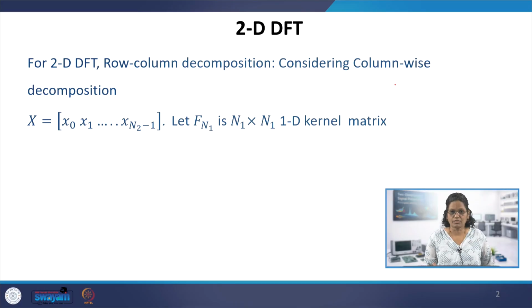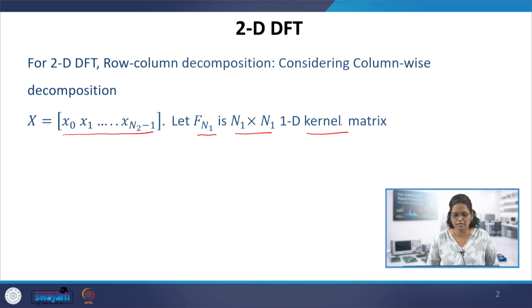So considering the column-wise DFT first in the decomposition, that is column and row decomposition, X is written in the matrix form, where X0, X1, X2 up to N2 minus 1 are the columns of X. Then F_N1 is the N1 cross N1 1D kernel matrix.